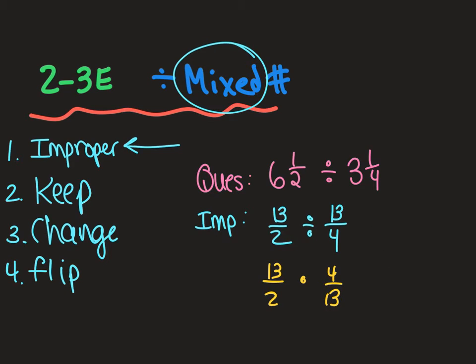Write it again, now you've done the other 3 steps: keep, change, and flip. I know it seems silly that you have to write it twice, but it's going to help you get the correct answer and a better grade on your test. So, write it improper with the division sign, write it again, keep, change, flip.